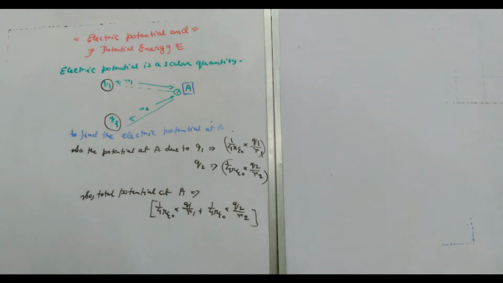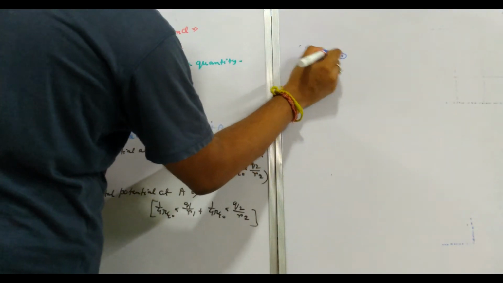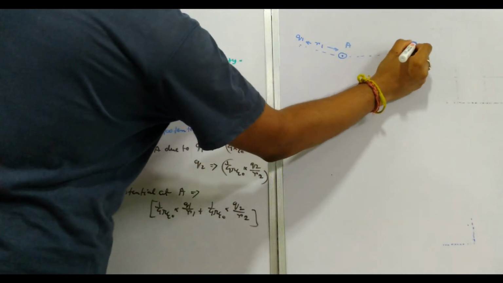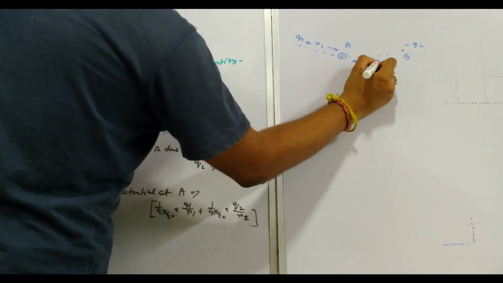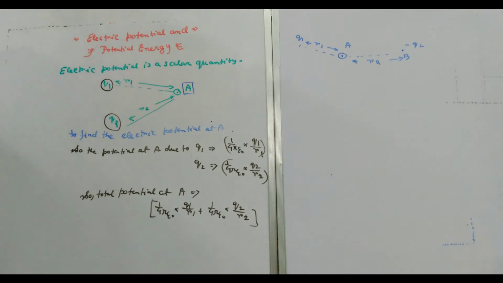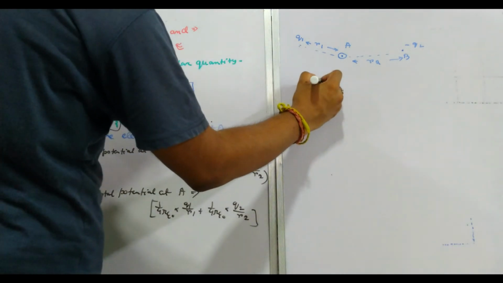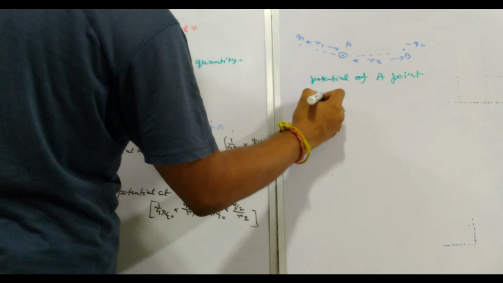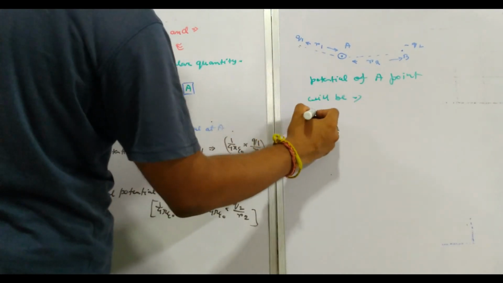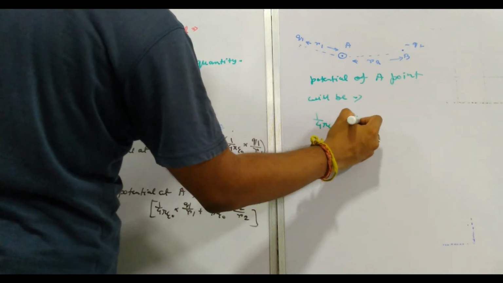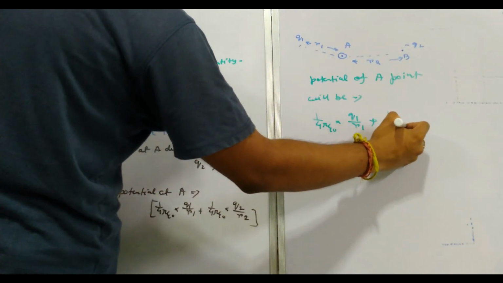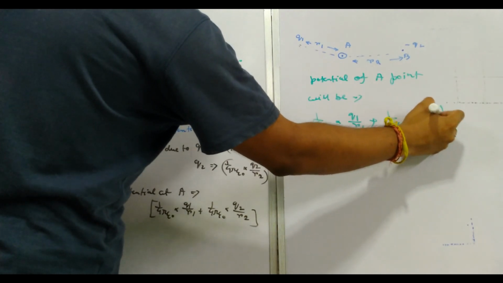Clear? And now if we think for two different charges, that is, if we imagine a point which is at R1 distance from Q1 and at R2 distance from the minus Q2 charge, then the potential of A will be the potential generated due to the Q1, that is 1 by 4 pi epsilon naught into Q1 by R1, and again the potential generated due to the minus Q2 charge, that is 1 by 4 pi epsilon naught into minus Q2 by R2.